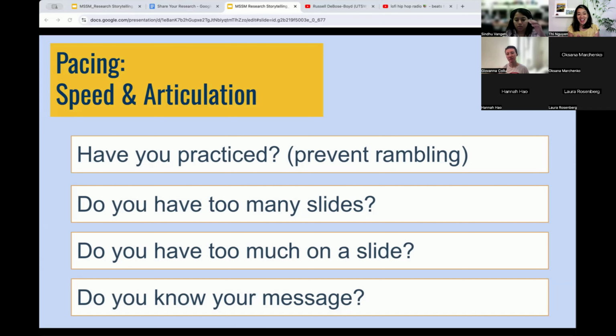pause, and consider how many slides you have. One of the biggest mistakes, if you are short on time and you have many slides left, the instinct is that you're going to go through all the slides super fast, right? I don't know how many of you have done that. I've done that. I have the urge to do that when you're like, okay, I have all this data in a minute, I'm going to tell all of it to you.